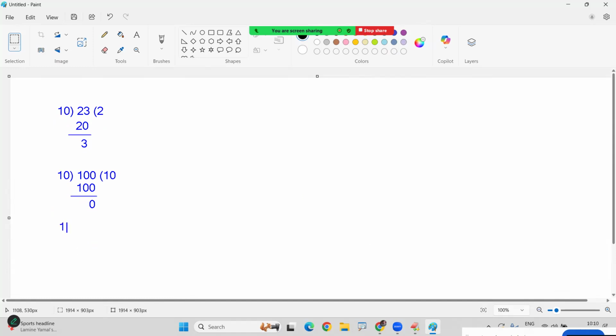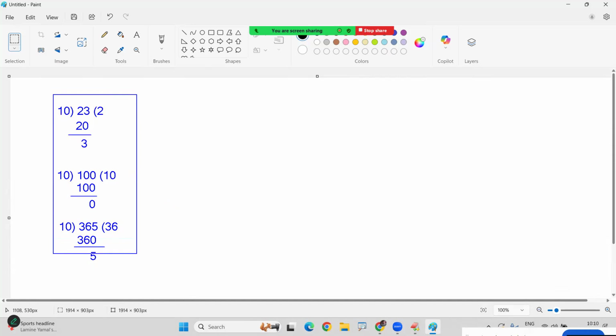Next one is 365 I am dividing with 10. 36 times 10 is 360, and the remainder is 5. Look at this.